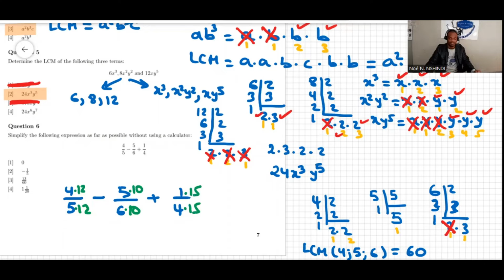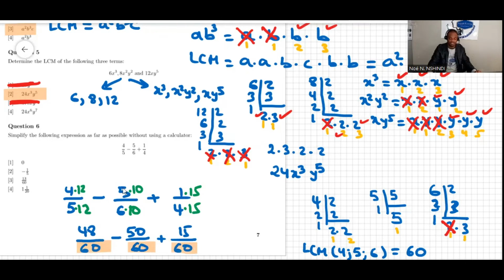Then you can use a calculator to find 4 times 12, which is 48. 5 times 12 is 60, minus 5 times 10 is 50 over 6 times 10, that's 60, plus 15 over 60. Now that the denominator is common, we can just add the numerators.